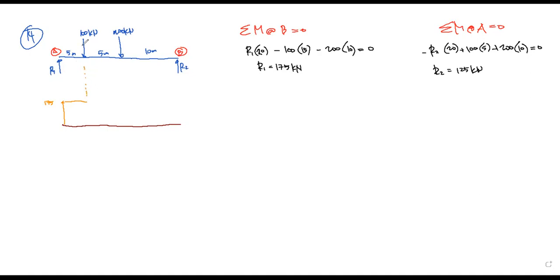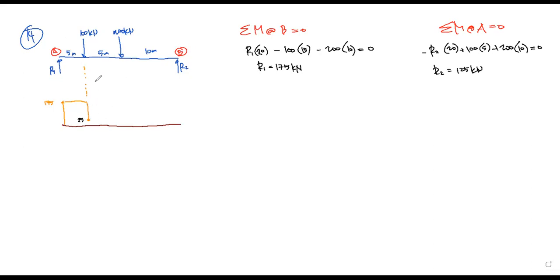Then 100 kilonewton is pointing downward, so that's 100. So this will have a remaining value of 25 kilonewton. So 175 minus 75, okay, so this is 25.